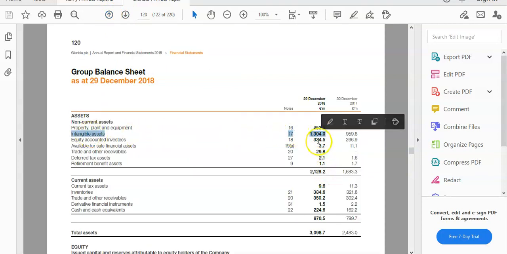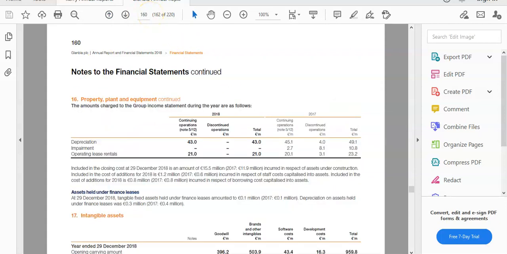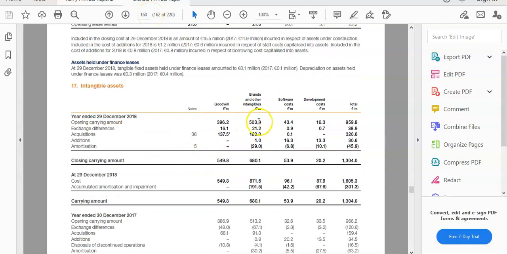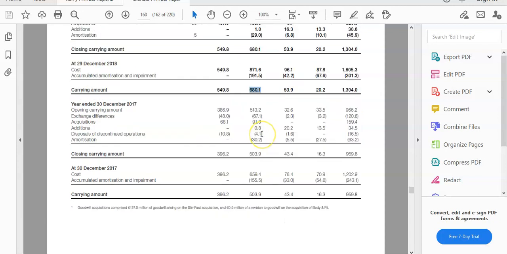It's 1.3 billion, the biggest amount. And we look at note 17 down here. Brand and intangible assets make up 680 of it, about half of it. These are all coming from acquisitions that they've made, and they've recognized brands and intangible assets as part of that, whether it's customer relationships, patents, etc.